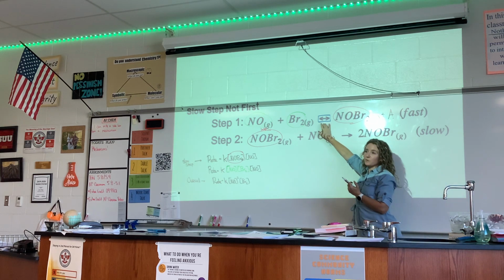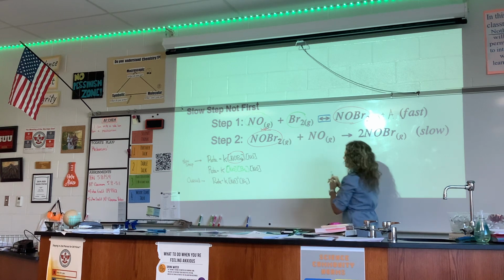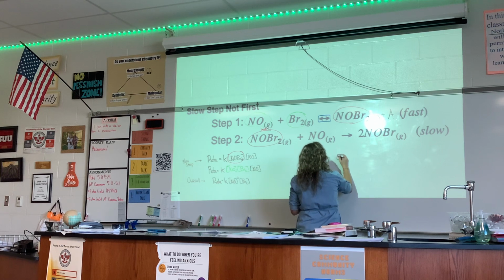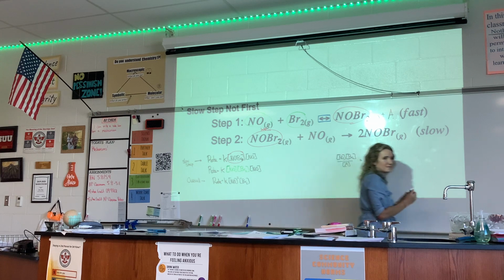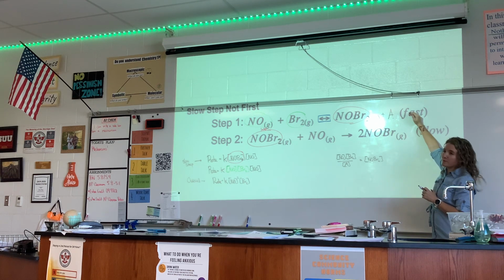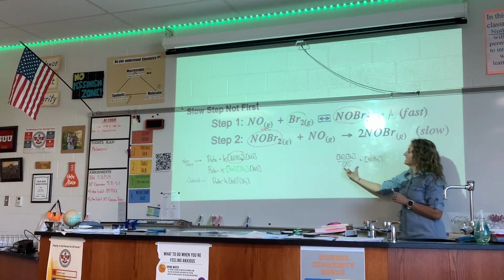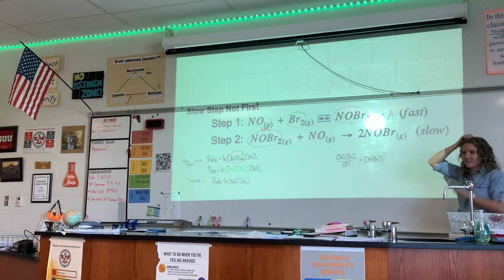If this is an equal sign, I can move A over by dividing it. So what your rate law would look like in that case is you'd be substituting NOBr2 over A, which is the same thing as NOBr2. A little more complicated, but the logic is still the same. So this is my new equation. This, in a sense, was then what gets substituted in there. So, any other questions? Have a smiley face for that, Lily.